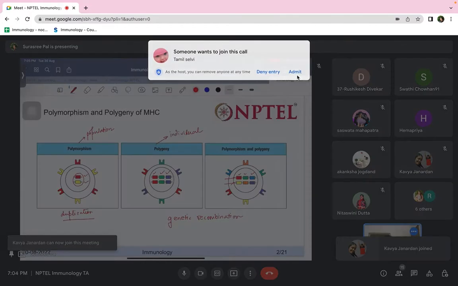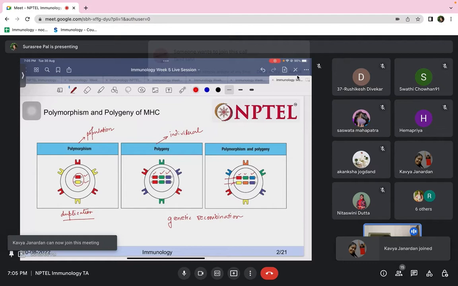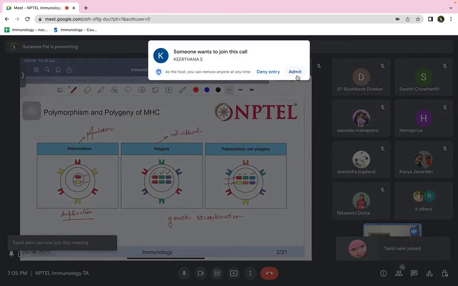That genetic recombination creates diverse antibodies, or the diversity in the variable region of the antibody.